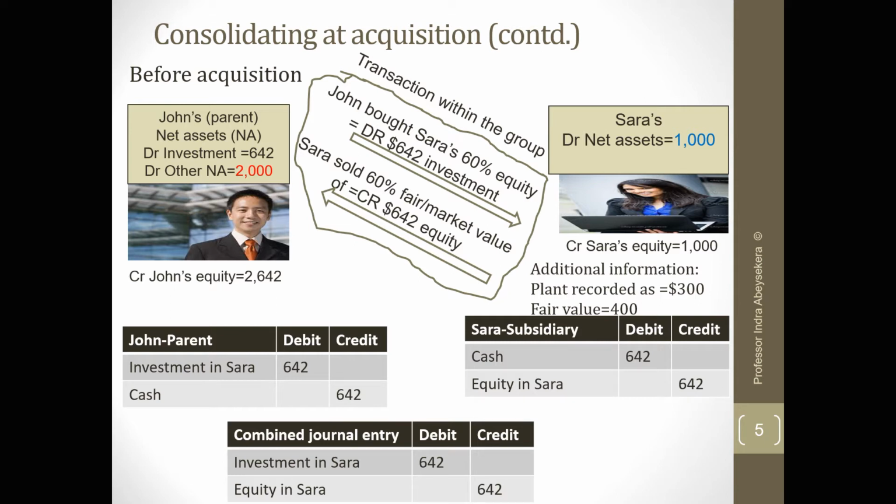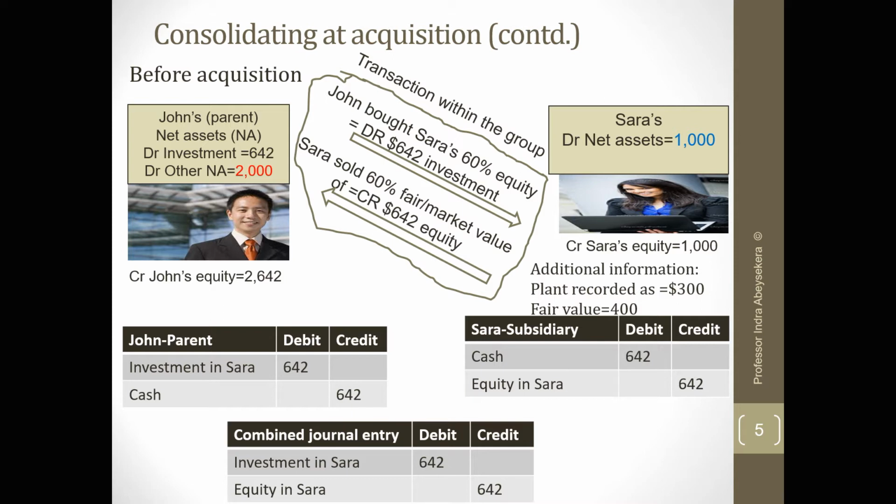John wanted to buy Sarah's company. And when Sarah sold 60% of the fair value of net assets, John paid $642 as an investment, and Sarah sold 60% of equity to John.